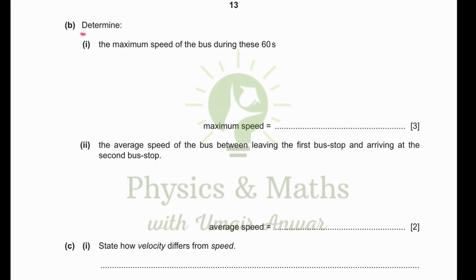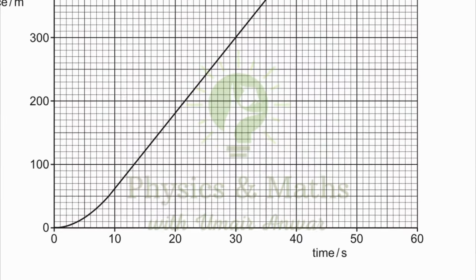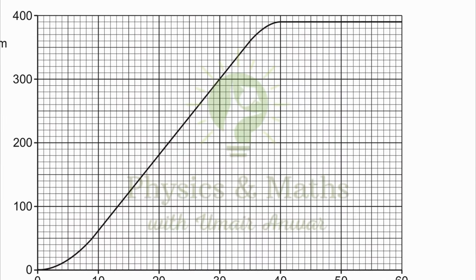So it means that it started to speed up after starting from rest. The next part says determine the maximum speed of the bus during these 60 seconds. Now, the maximum speed is shown by the maximum gradient, and the maximum gradient is when the graph is having this straight line portion. Now, for finding the maximum speed, we could consider any 2 points on this graph.